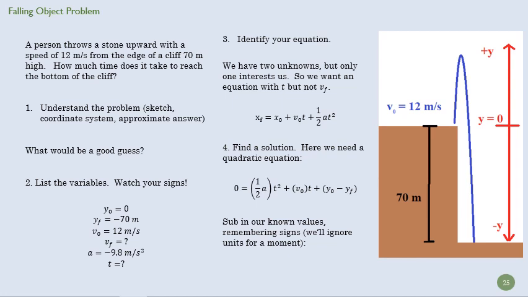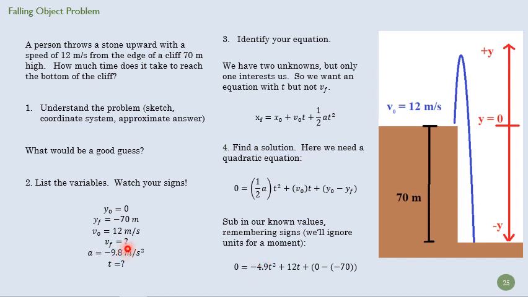As we solve that equation, we need to just sub in our known values. And we could include units here, but it would just be confusing because our t is going to include seconds. So we're going to leave units out just for the moment. But half a is a negative 4.9, right?